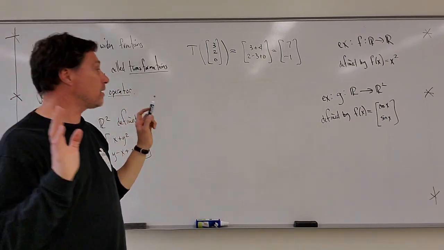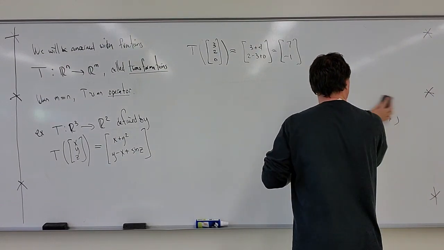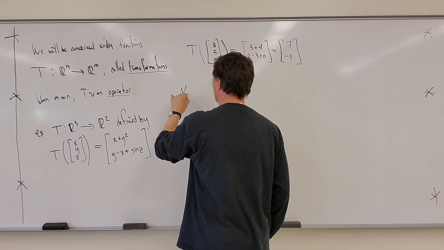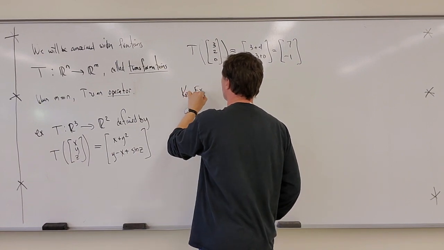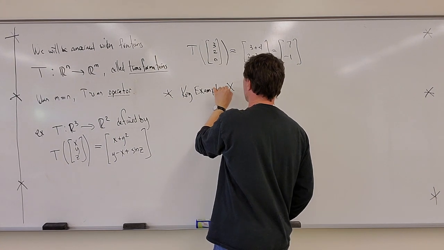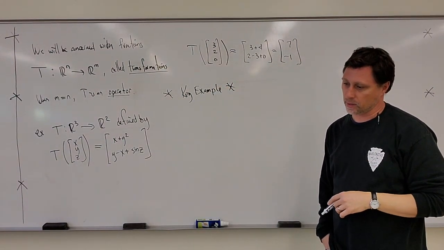Now, here is the key example. Let's put stars around this. This is, I don't know, in some sense, the essence of linear algebra right here.